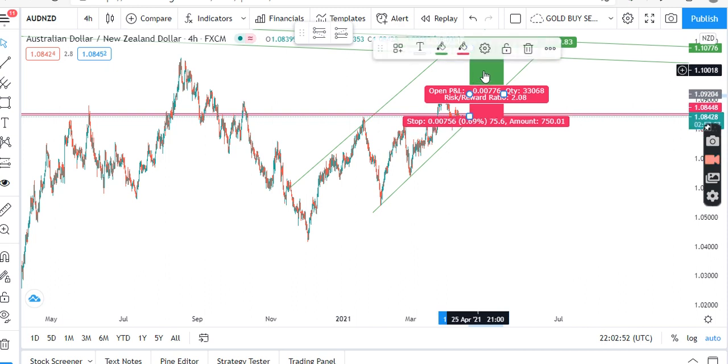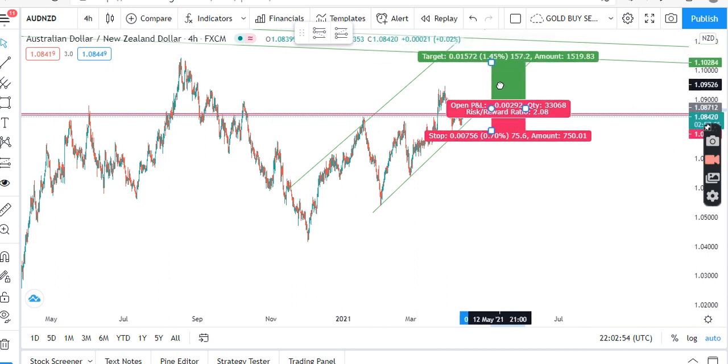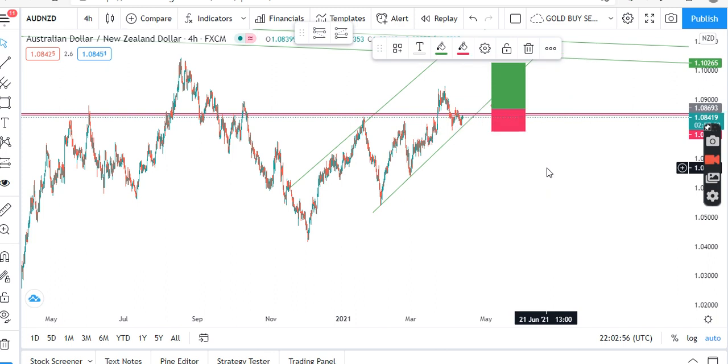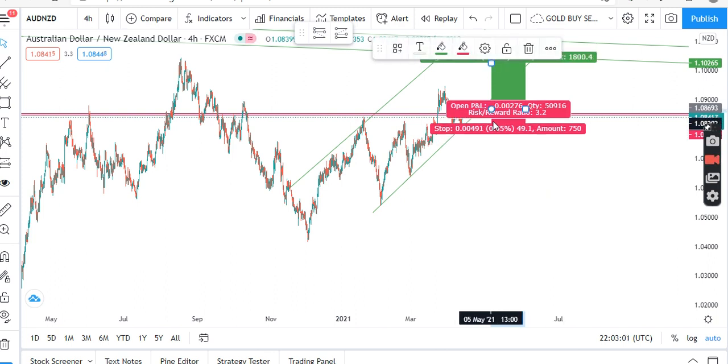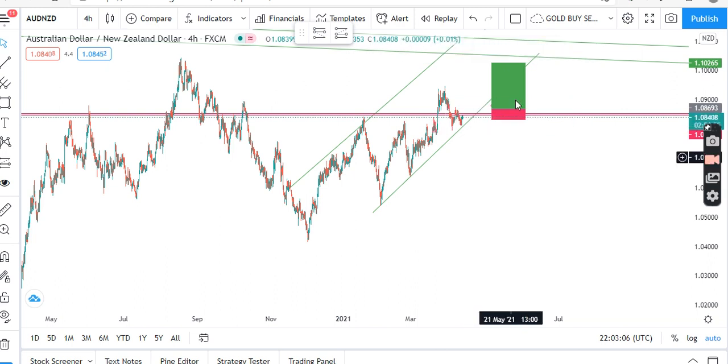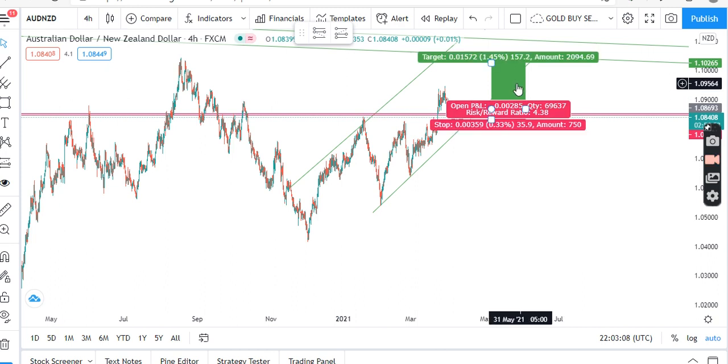Let's see what we remain with. We have that. The stop loss is too big, so if we're going to risk only 30 pips, 35 pips, not bad. See, we're risking 35 pips to make how much? To make 157 pips. It's not a bad trade.